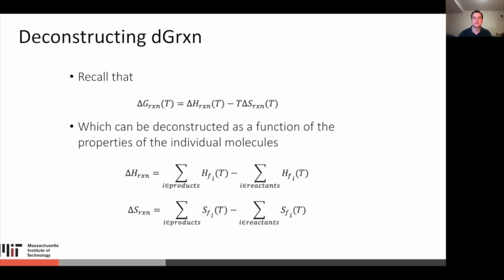So looking at the Gibbs energy of reaction, we have this relationship between the enthalpy and entropy of reaction, the Gibbs energy of reaction. And then we can deconstruct the enthalpy and entropy of reaction into the individual enthalpies and entropies of the individual species involved in the reaction.